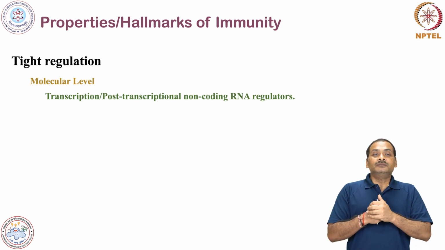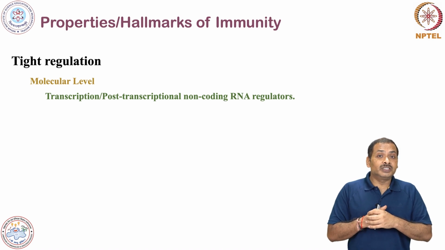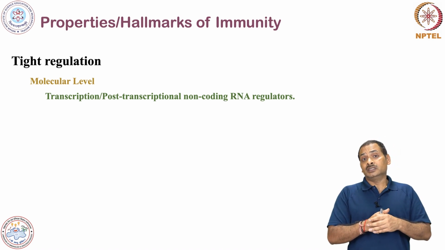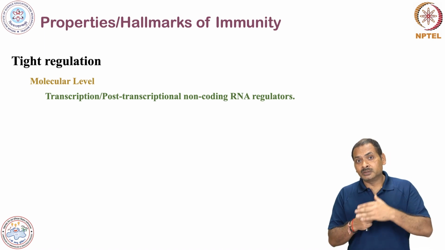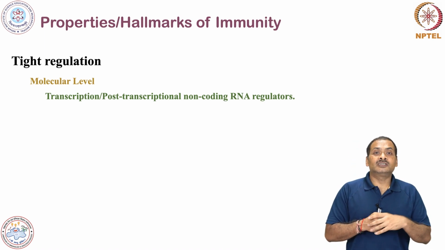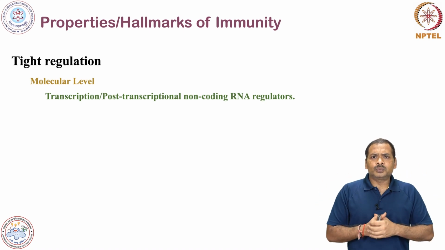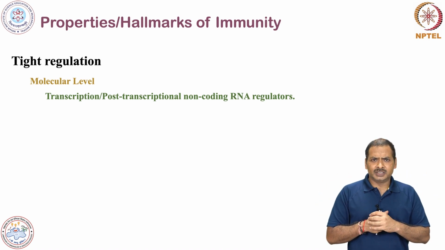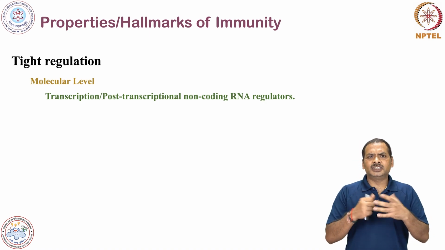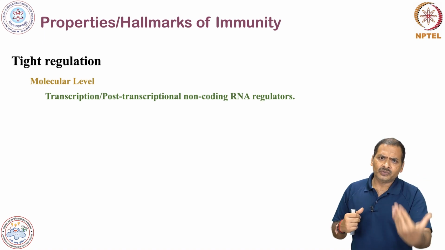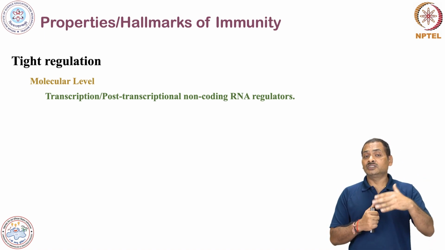Long non-coding RNAs also play a very important role in the expression of genes, or the coding part of the transcript. All these things we call post transcriptional modification, or post transcriptional changes, which play a very important role in regulating gene expression.